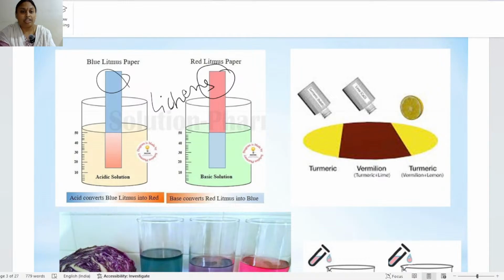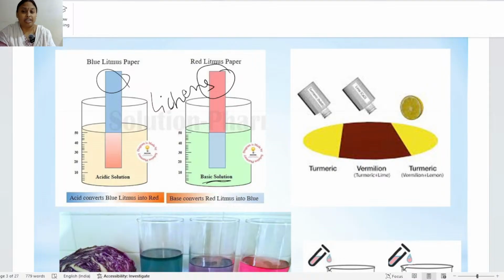The red litmus changes color to blue in case of basic solutions. So litmus paper is originally purple, extracted from the lichens, and the red litmus turns blue in a basic solution. The blue litmus turns red in acids. So this is about the natural indicator litmus paper.